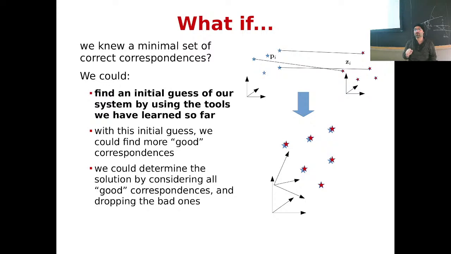Some sort of voting scheme. So the idea is the following. We pick 3 correspondences in this case. If the problem is more complicated, we might need 4, we might need 7, 8, right? But we pick a minimal number of correspondences that are good for us to find a solution.